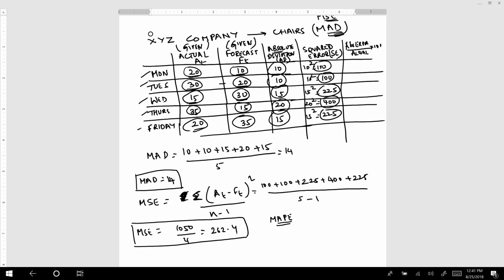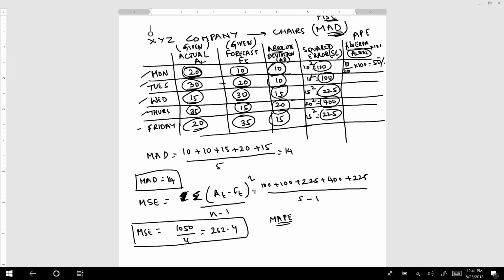At this time I'm only doing APE. I will take the average later on. So absolute error is 10, divided by actual value 20, multiplied by 100. So that is going to be around 50% error I made in this.